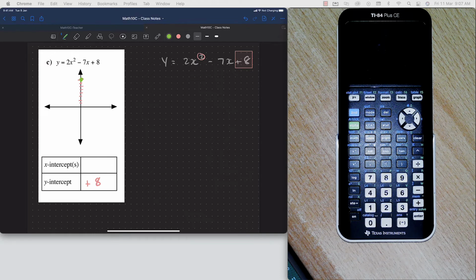And now we need to basically take this and see if we can factor out this 2 that's right here. So can we get rid of that 2? And the answer is no. So now we want to see, well, can we factor this any other way? So I'm basically going to take 2 times 8, which is going to be 16. 16 breaks down into 1 times 16 and 2 times 8 and 4 times 4.